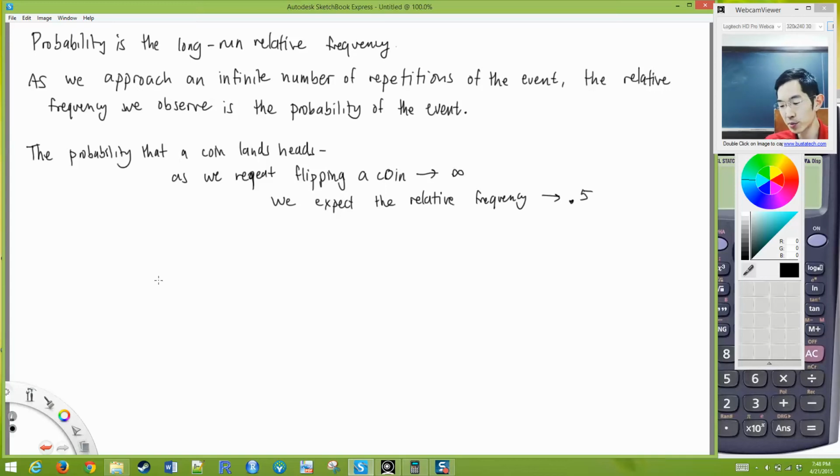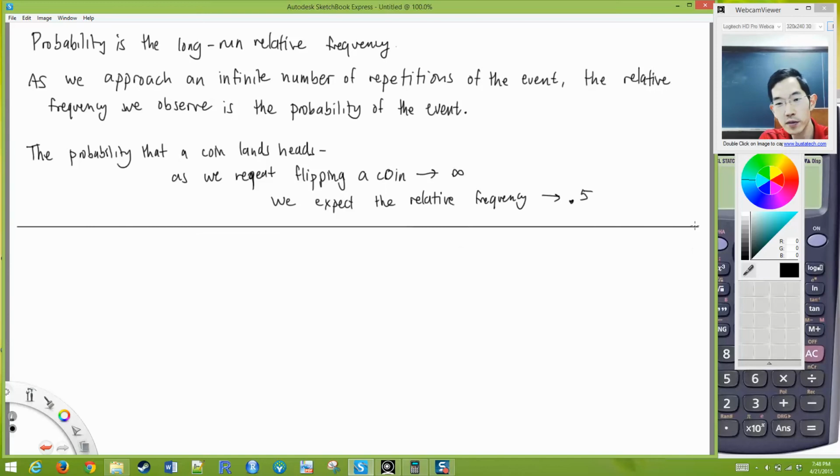Now, of course, we don't have the luxury of doing anything an infinite number of times. So the probabilities that we observe in real life may not necessarily ever be the theoretic probabilities. We have what we call empirical probabilities, which are essentially just relative frequencies, and theoretic probabilities.